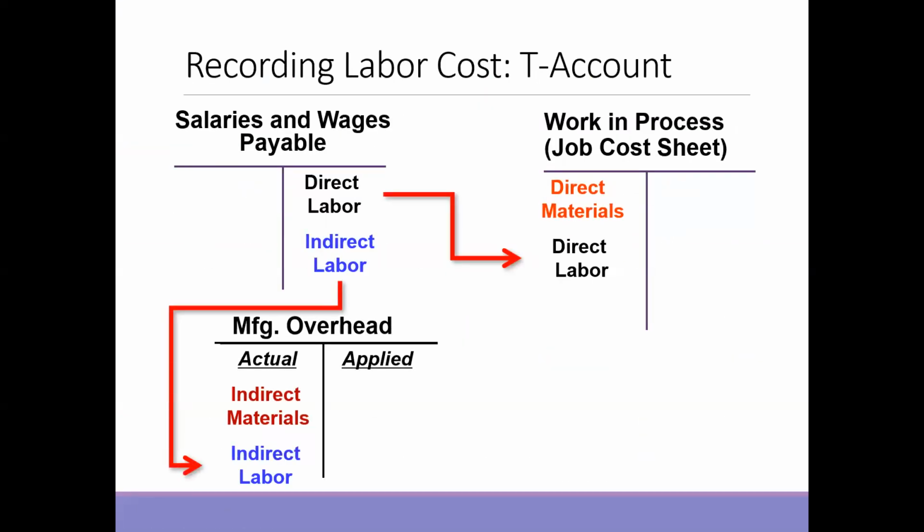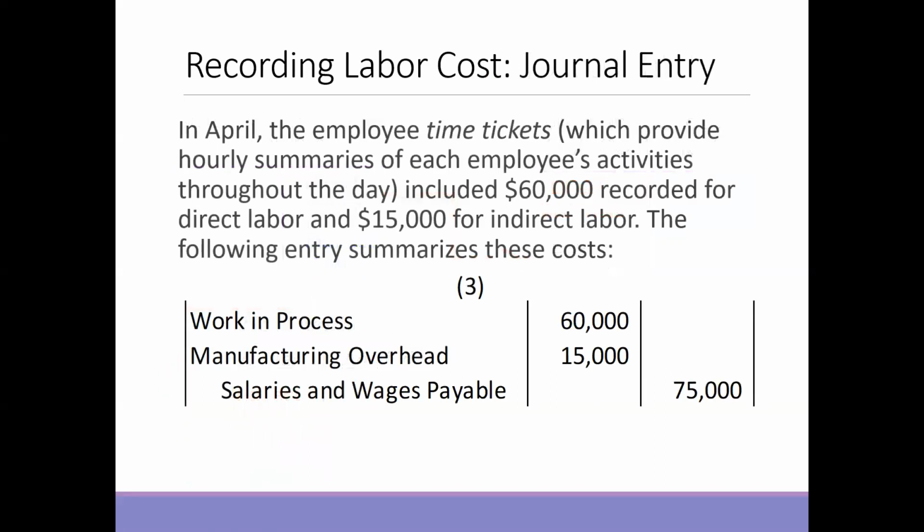Now, how do we record labor? The direct labor goes right into work in process. The indirect labor gets placed into manufacturing overhead. In April, the employee time tickets, which provide hourly summaries of each employee's activities throughout the day, included $60,000 recorded for direct labor and $15,000 recorded for indirect labor.